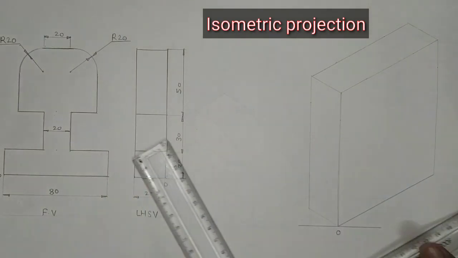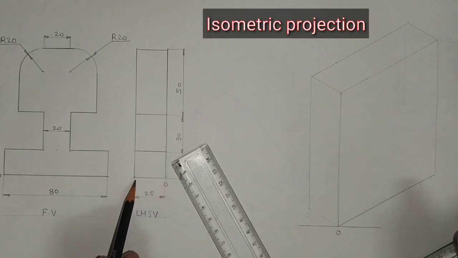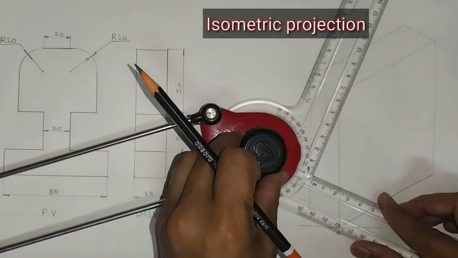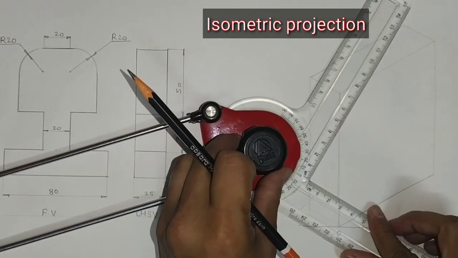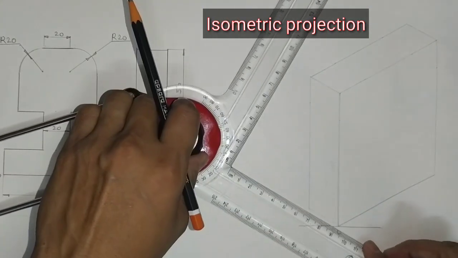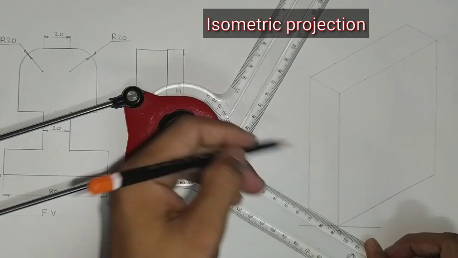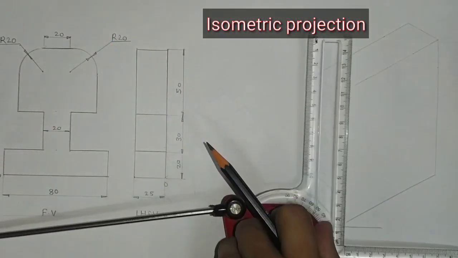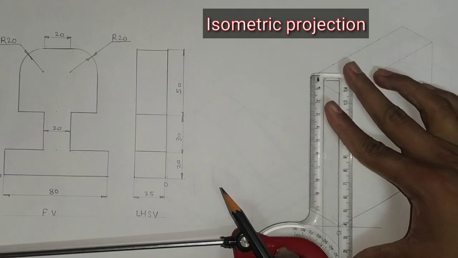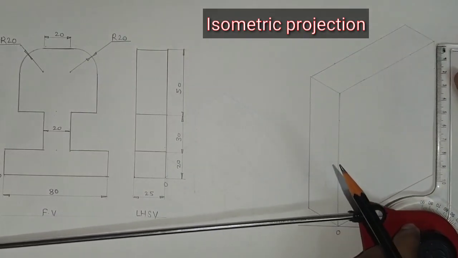80 mm. Again here the width is given of size 25 mm. Again set the drafter at angle 30 degrees and draw another width of size 25 mm. Again height 100.